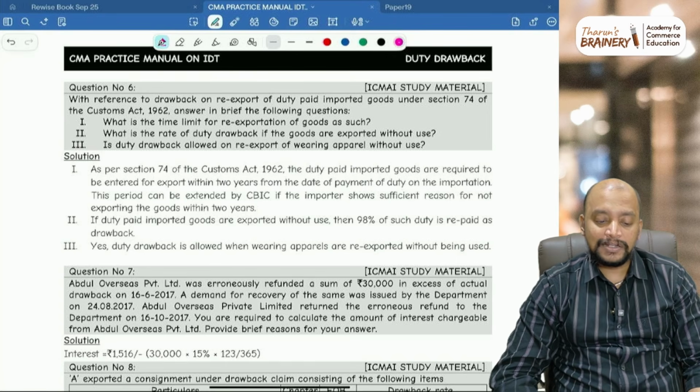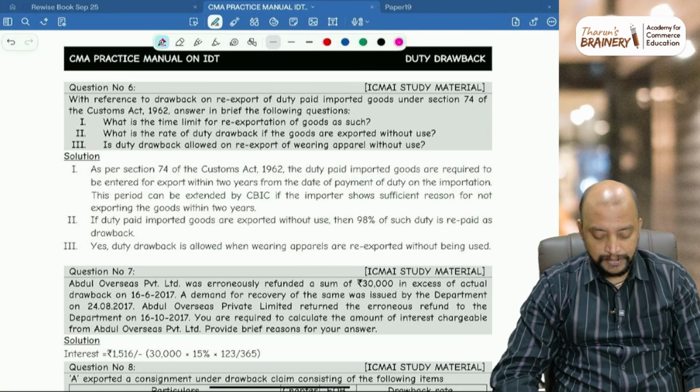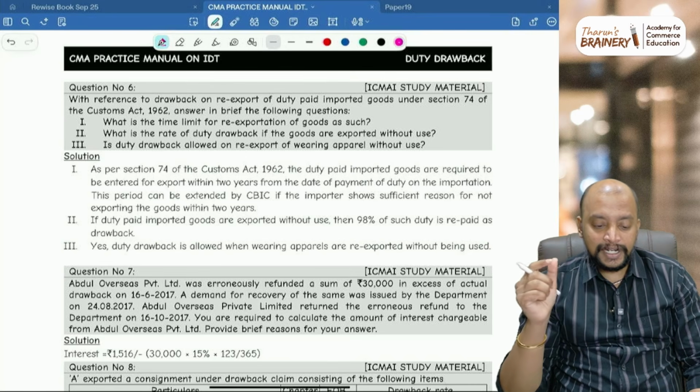What's the time limit here? 2 years, right? Under 74, the time limit given is 2 years, and that 2 years is from the date of payment of customs duty. And the date of let export order should be taken.